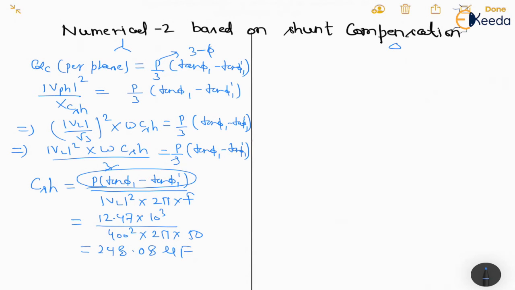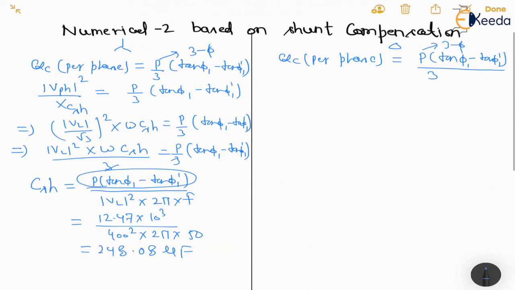And now we are going to see it in terms of delta. If you find the QC per phase in delta connection of such a capacitor bank, then the value will be the same here. If 3 phase is P tan phi 1 minus tan of phi 1 dash, then per phase will be divided by 3. Same condition, P is in 3 phase. So QC per phase, this time it will be VL square by 3, because the capacitor bank voltage per phase is equal to the line voltage of the system.